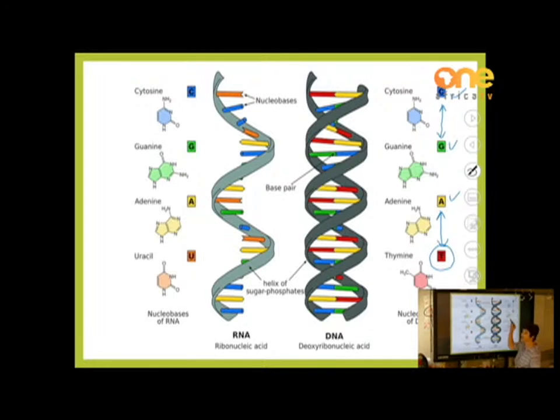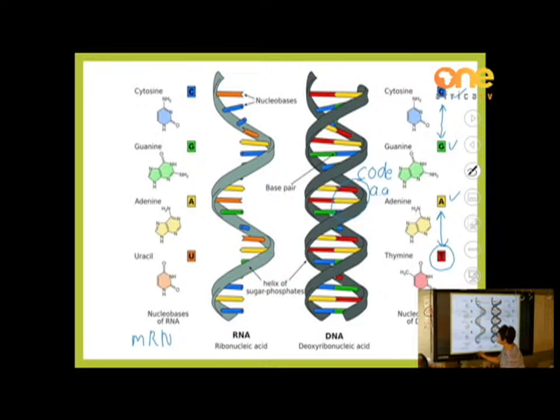Always bonded like that. It is not a random sequence, but this sequence will hold the key. This will be the code for a specific amino acid. Three of them.